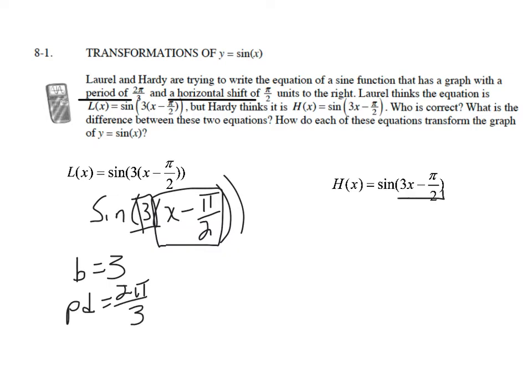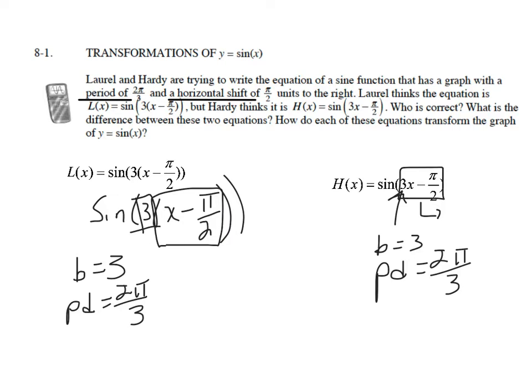Well, let's look at Hardy's equation. This says minus pi over 2, and there's a 3 out in front. So that means b is equal to 3, and the period then would be 2 pi divided by 3. But there's a difference.